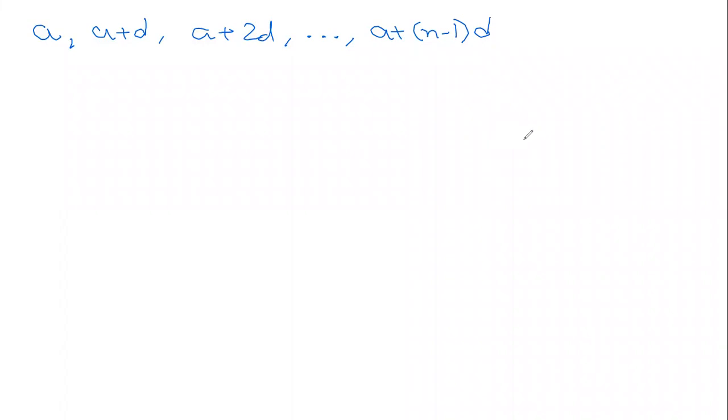What did we do in the previous question? We reversed. Write along with me in your notebooks. When we reverse, now we have A plus n minus 1 D. Then we have A plus n minus 2 D. Then we have A plus n minus 3 D. Dot, dot, dot.